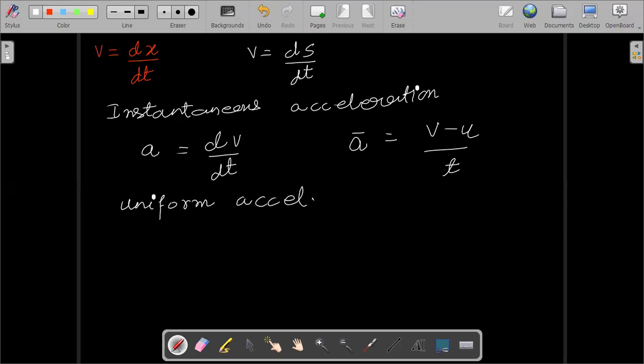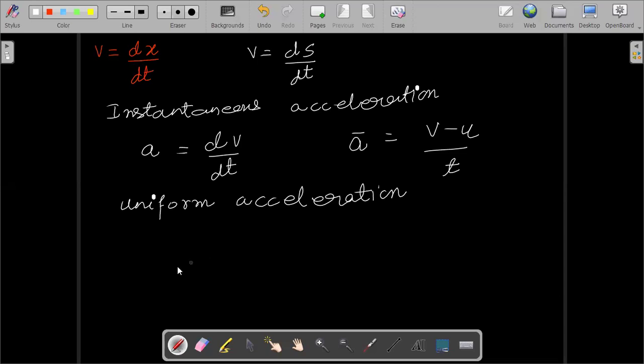Uniform acceleration means the acceleration is not changing, so obviously the instantaneous value and the average value of acceleration will be equal to each other. Where all do we observe these values of acceleration? Generally in the case of gravity.